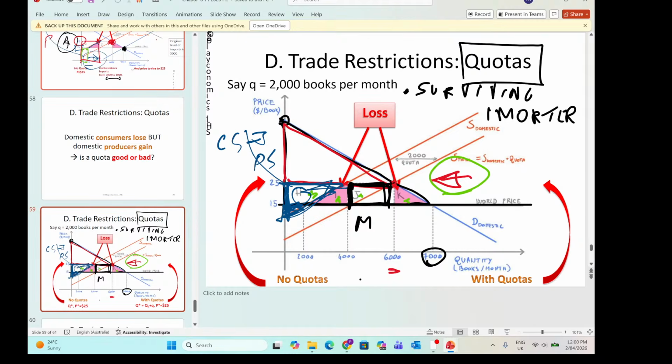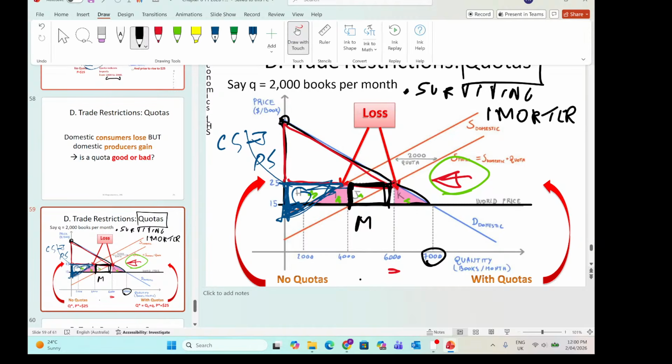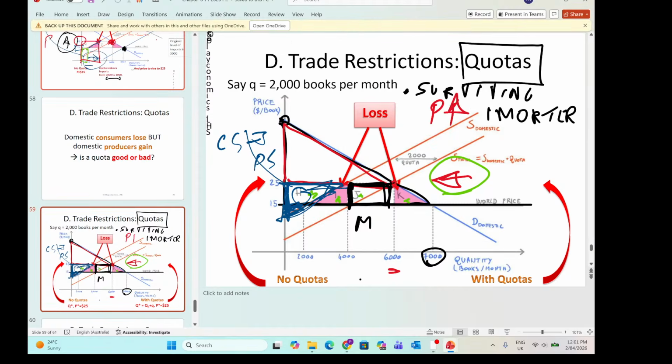So some companies are not allowed to import anymore. They are losing out. But of course, the ones who survive gain because they're now getting a higher price for their product. They're now getting $25 rather than $15. So they're paying $15 for the import, and they're able to put the price up another $10 because the domestic price has risen. That's one party that may gain.